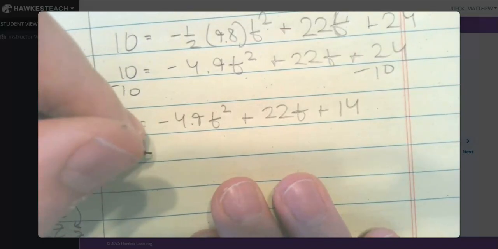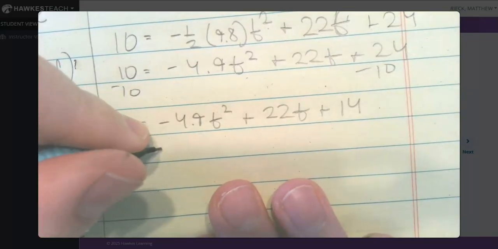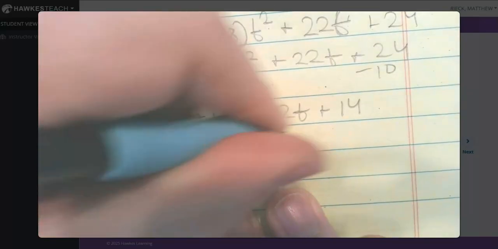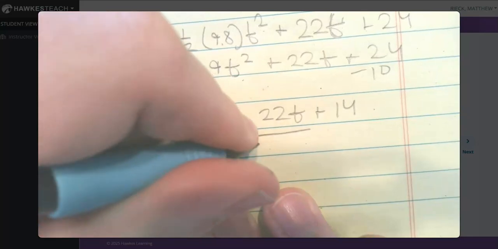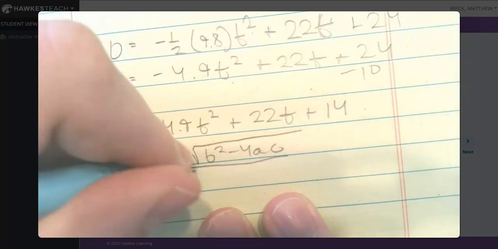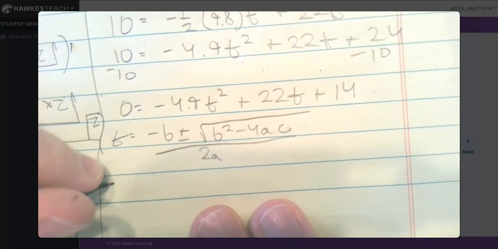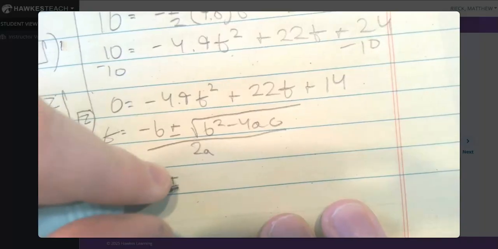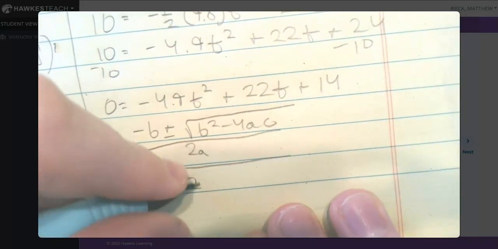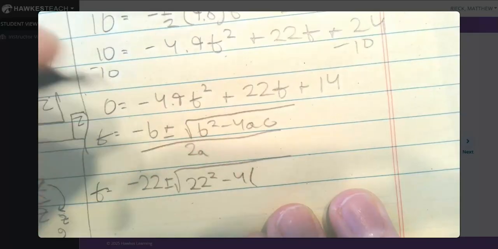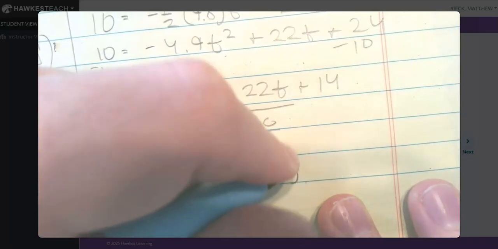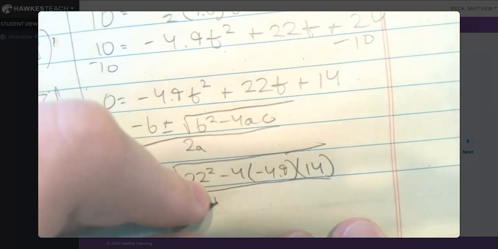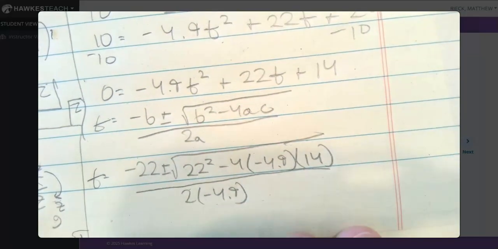So again, the quadratic formula will also be on that formula sheet. That's negative b plus or minus the square root of b squared minus 4ac, all over 2a. So we have negative 22 plus or minus the square root of 22 squared minus 4 times a, which is negative 4.9, times c, which is 14, over 2 times negative 4.9, so over 2a.